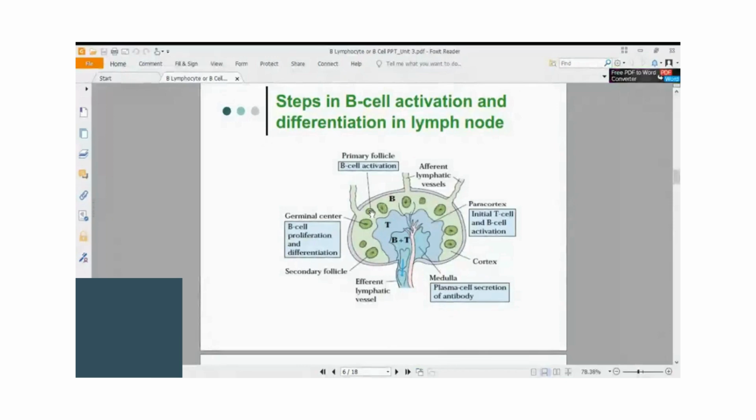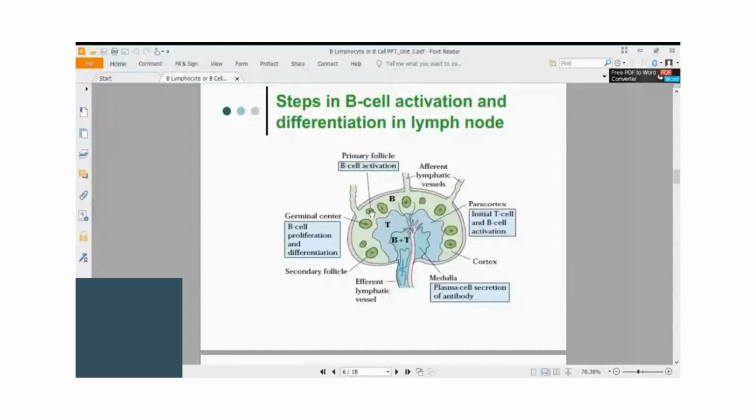Therefore, the receptor that is developed on the B lymphocyte, that is the mIgM receptor, whenever it interacts with the non-self antigen, that interaction will never be a high affinity interaction. It will be a low affinity interaction. That low affinity interaction with the non-self antigen is sufficient for that B lymphocyte to undergo activation.